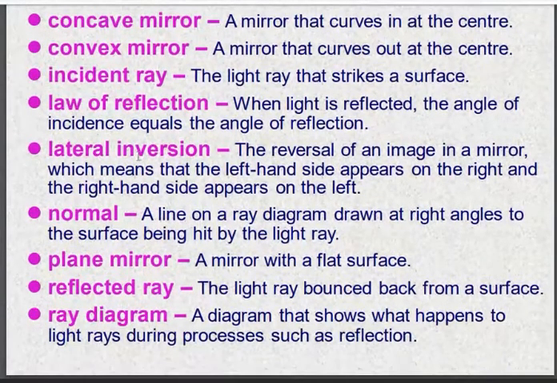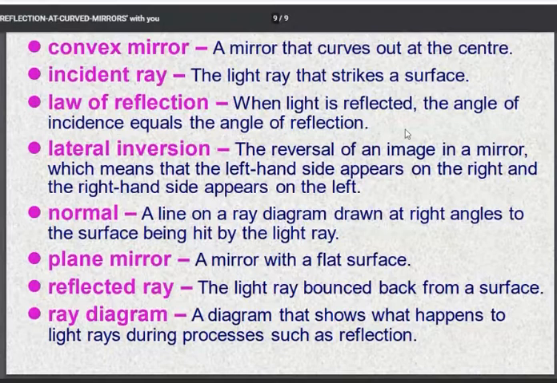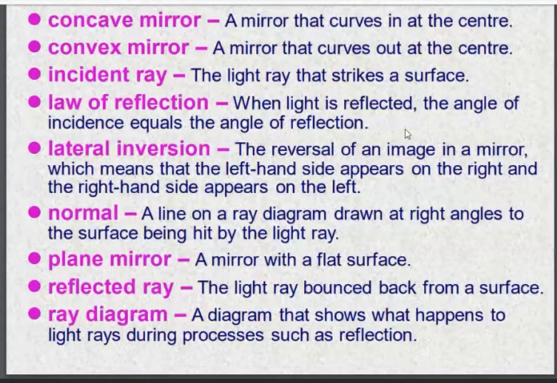And what is the law of reflection? When light is reflected, the angle of incidence equals the angle of reflection. Now, lateral inversion. Lateral inversion is basically the reversal of an image in a mirror, which means that the left hand side of the object appears on the right hand side and the right hand appears on the left hand. This is called lateral inversion.